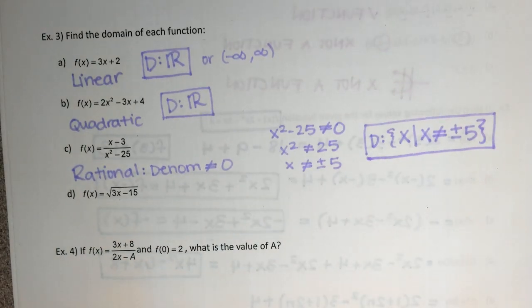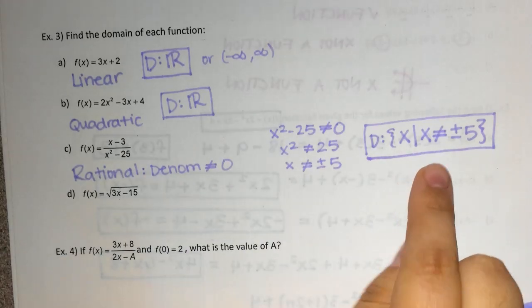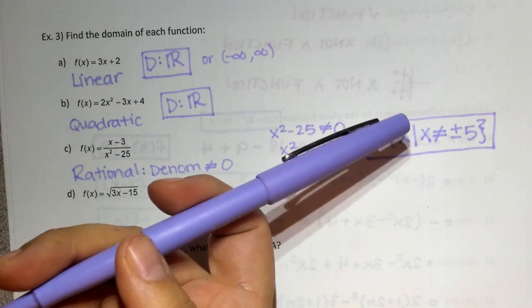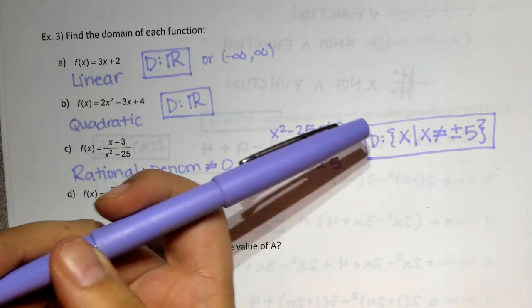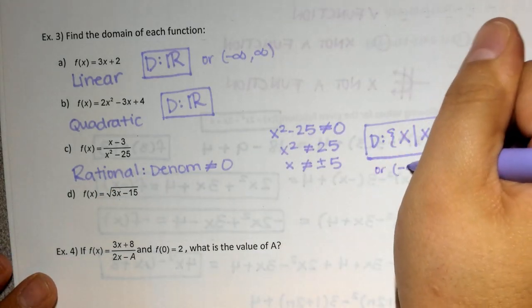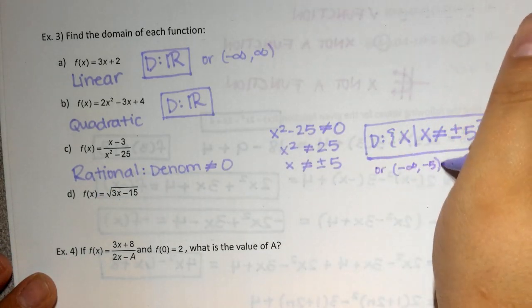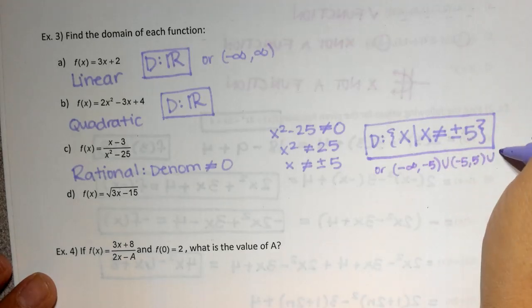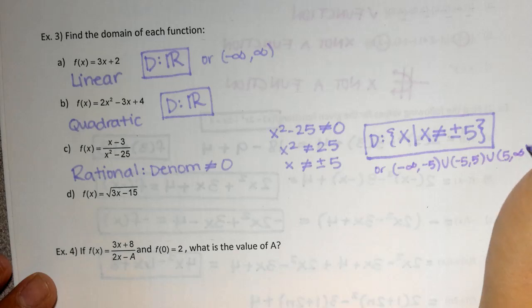Now, some of you prefer to write in interval notation. Is any of y'all like that? You prefer interval versus set? Personally, I would not write this one in interval because y'all mess it up. The answer here would be negative infinity to negative 5, union negative 5 to positive 5, union 5 to positive infinity.